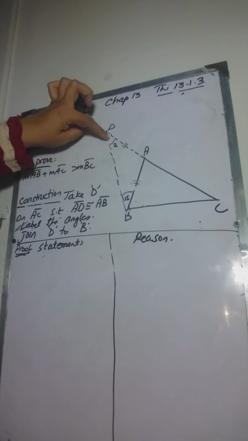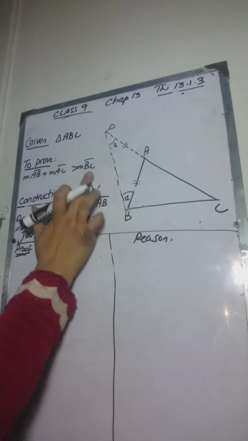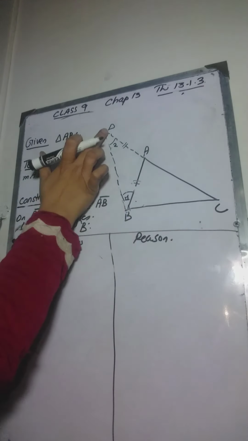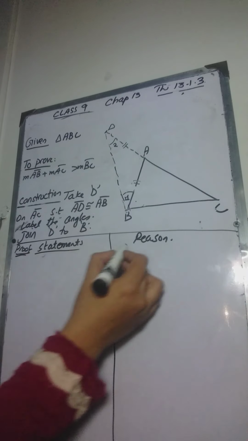After this step we will write DC as AD plus AC, and then replace AD with AB, because AB and AD were the same, so AB plus AC will be greater than BC. Let me do it, then you will understand it better.